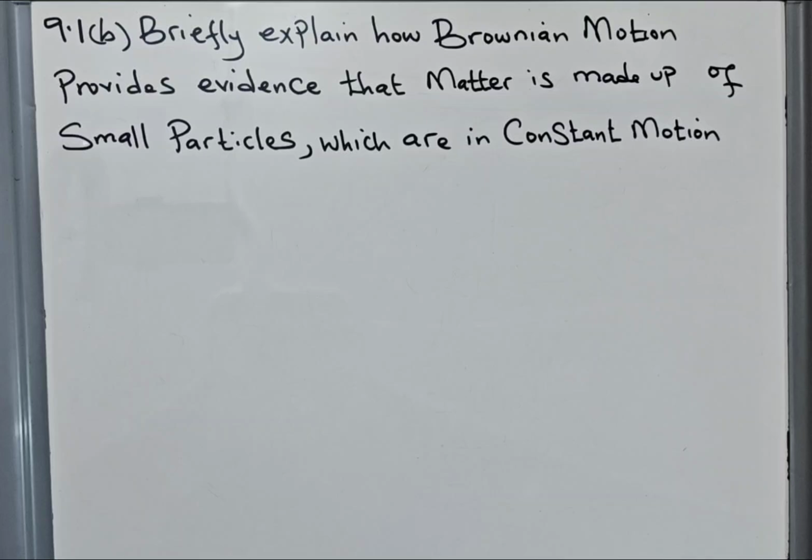So when these particles collide with the particles we can observe, like the pollen or smoke particles, then the particles undergo zigzag random motion. So the invisible particles we can't see are the ones which are in random motion, and those particles are the particles of matter.